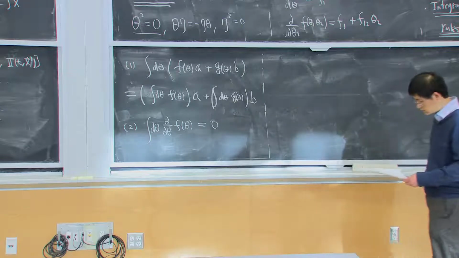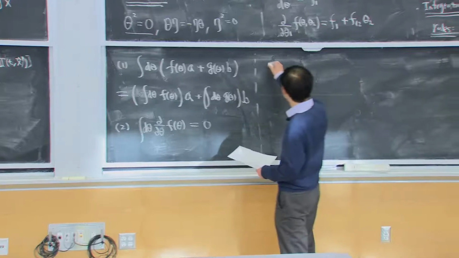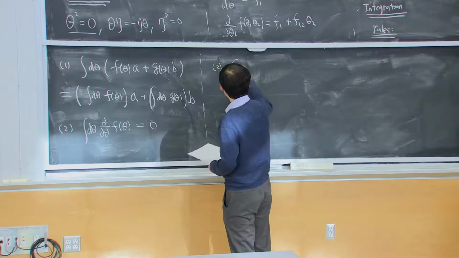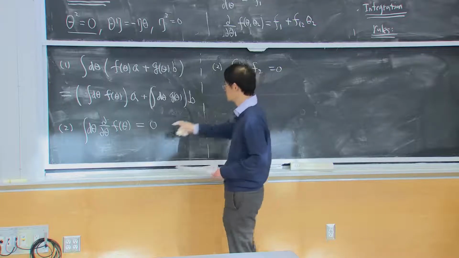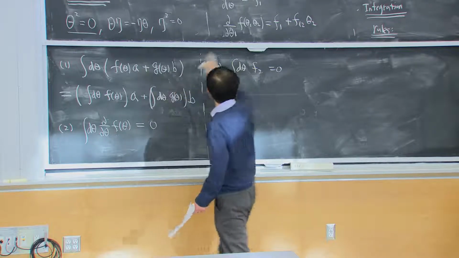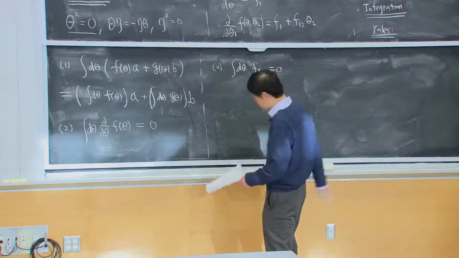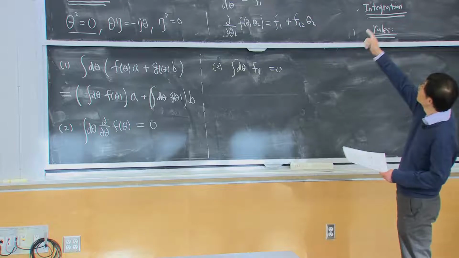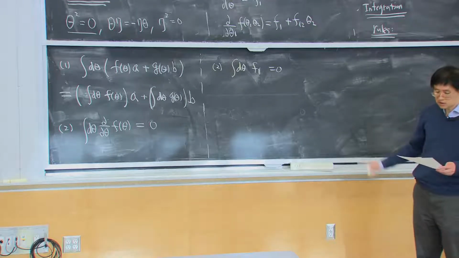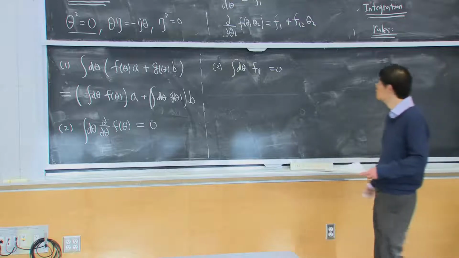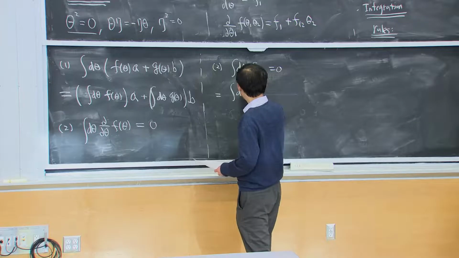So let's see what these two conditions tell us. From condition 2, we conclude that the integral d theta of the derivative of f theta equals 0, which means, just f1 equal to 0. And since f1 is a C number, you can take f1 outside the integral.